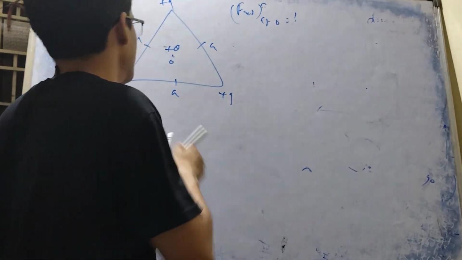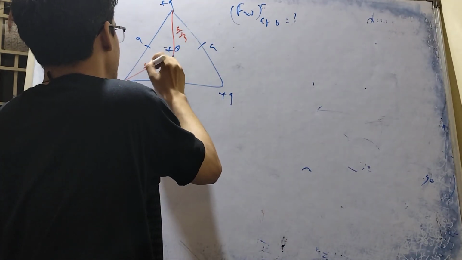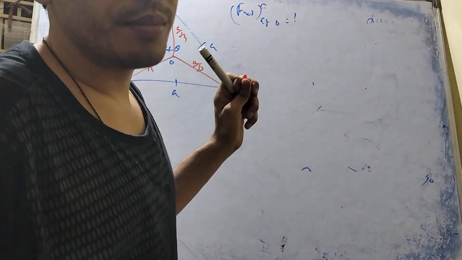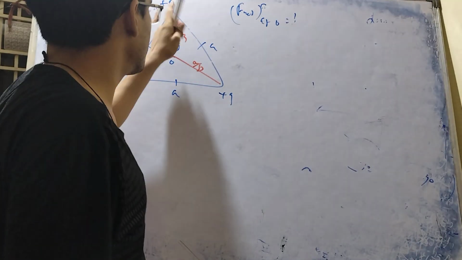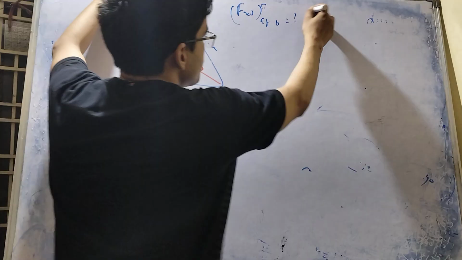In case of the centroid, this value is a by root 3, here also a by root 3, here also a by root 3. So this distance is equal, check, net force 0. Simply.